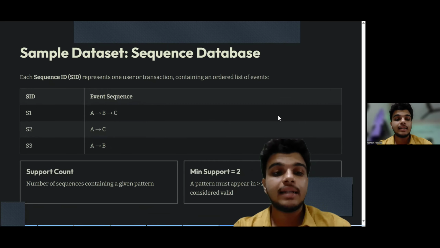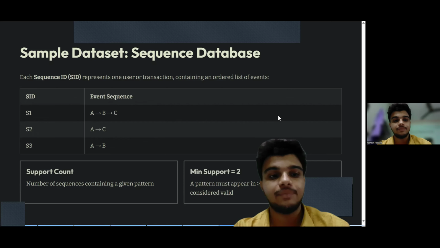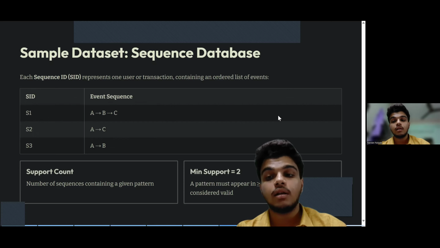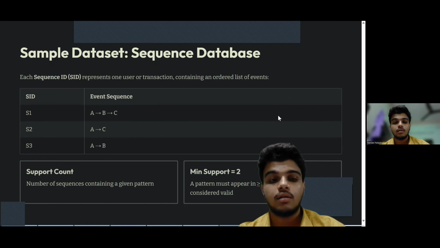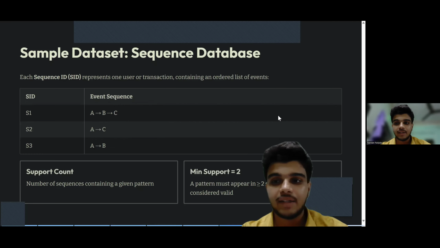Our goal is to analyze the data set and identify which sequences are frequent based on the minimum support value. This example will help us understand the working of an algorithm clearly. It mainly shows which sequences have the minimum support value, so you should identify those sequences.